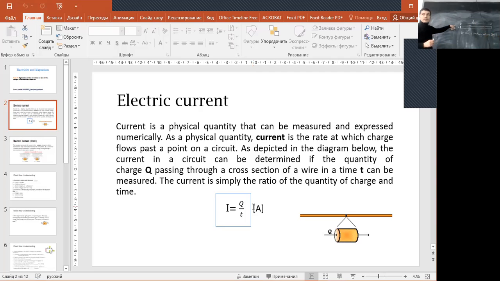If the charge Q is going to move in this side and after that go out from this side, it means that there is an electric current I. So electric current is equal to charge divided by time.